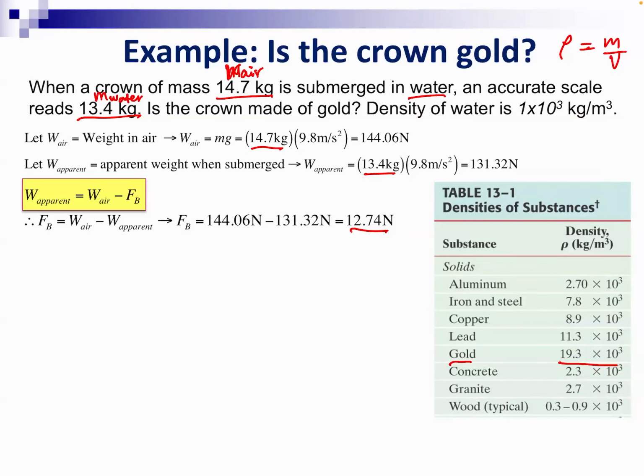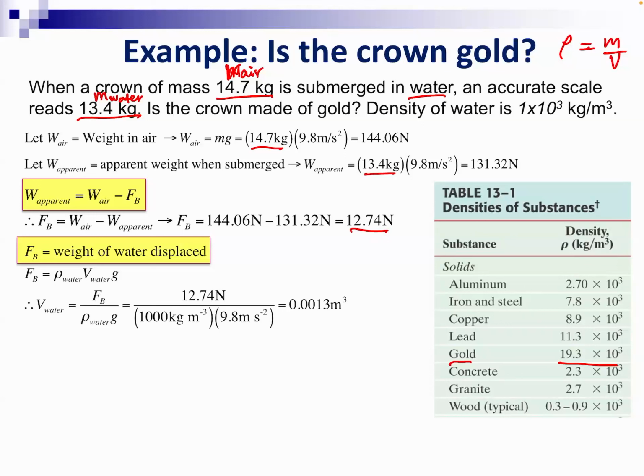The buoyancy force should be related to the volume of the water displaced via Archimedes' principle. The buoyancy force is equal to the weight of the water displaced. The weight of the water displaced can be written in terms of mass times gravitational acceleration, and mass, of course, is density times volume.